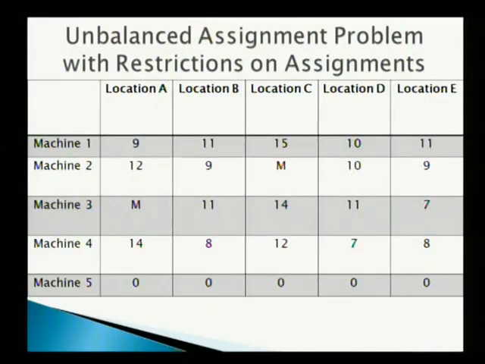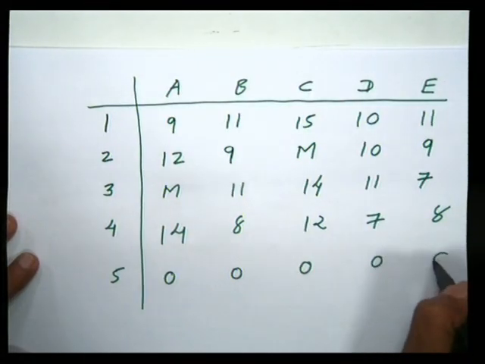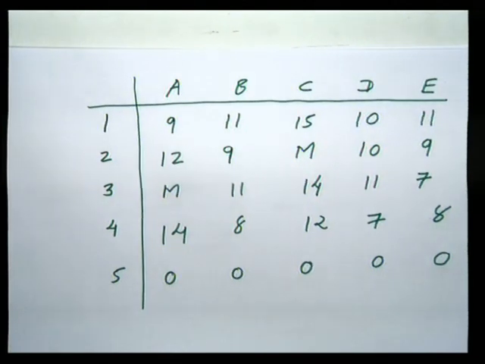Third, M, 11, 14, 11, 7. Fourth, 14, 8, 12, 7, 8. Last is 0, 0, 0, and of course, those nice zeros. Okay, so this is the problem with us.